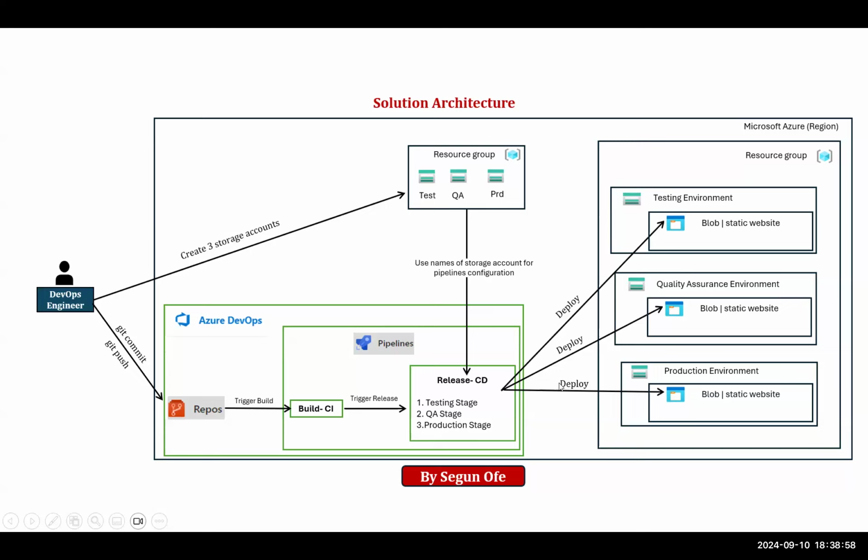And one thing I want you to note is that first it is going to be deployed to the testing environment, then to the QA, the quality assurance environment. But before deployment to the production environment, there's going to be a pre-deployment check or condition such that somebody has to give an approval, right, before deployment to this production environment.